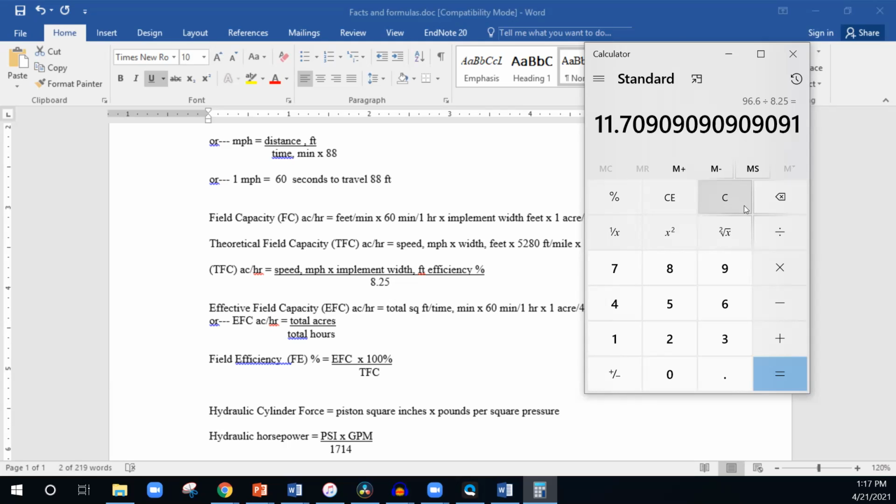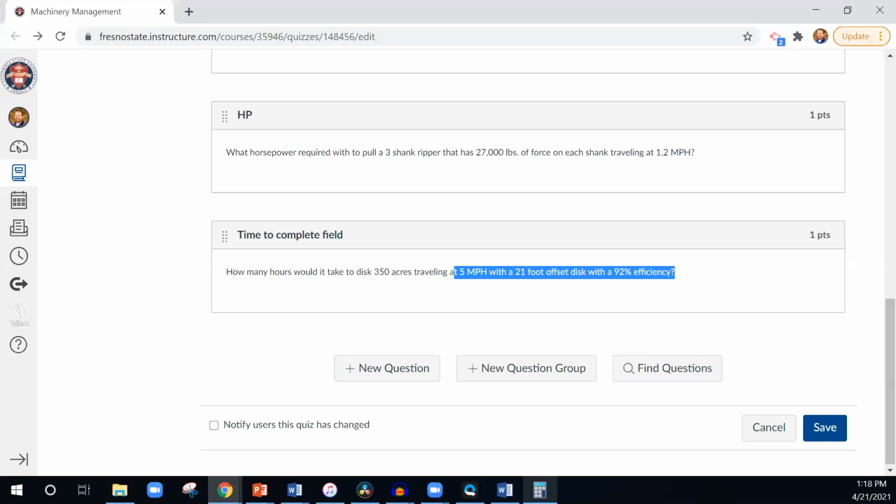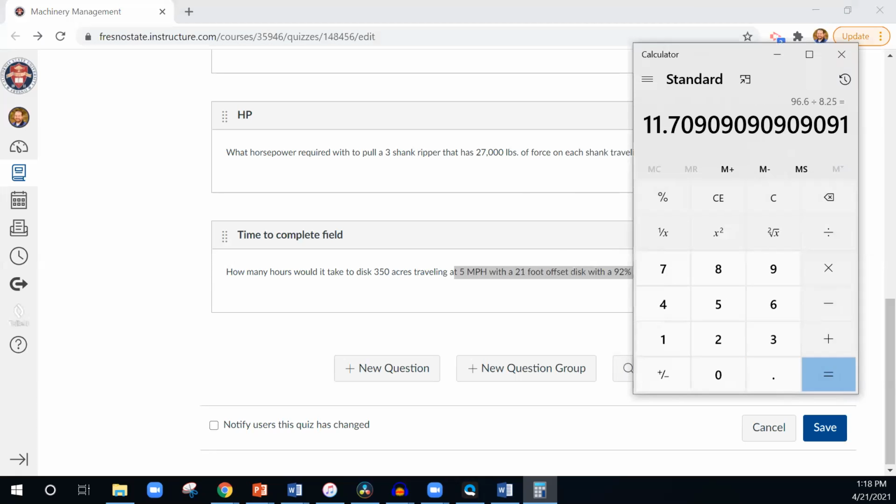Now, what that number is, that is how many acres per hour we are going to do, like how many acres we can get done in 1 hour is 11.7. Now, there's another part to this that we need to make sure we're thinking of. We'll pull these both up here.